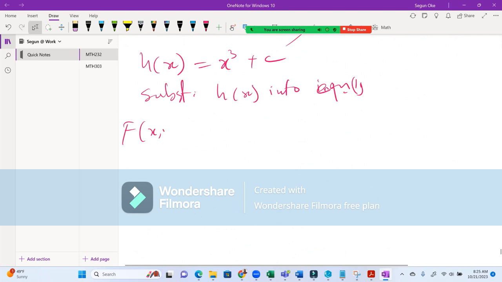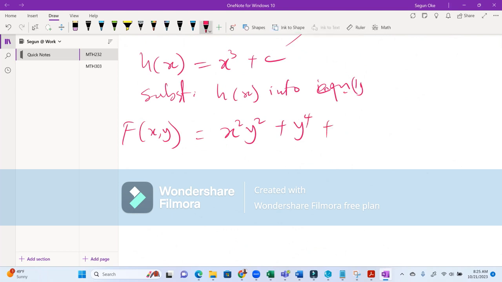F of x comma y equals x squared y squared plus y raised to power 4, plus x cubed. Remember plus c, right?